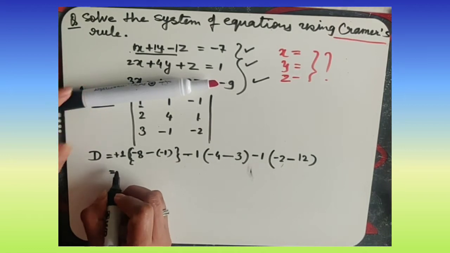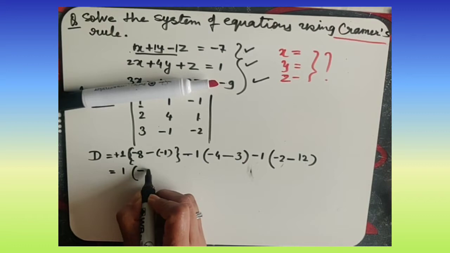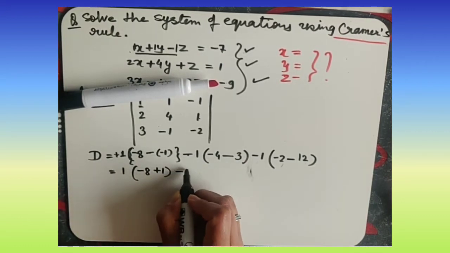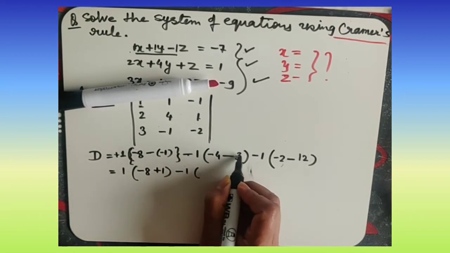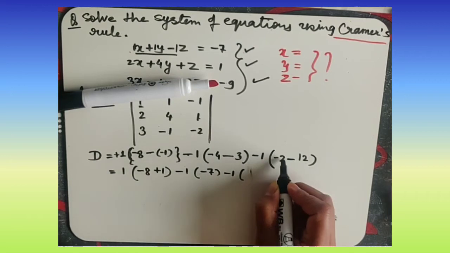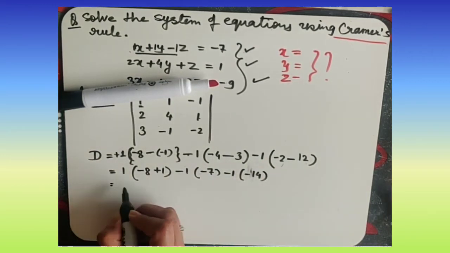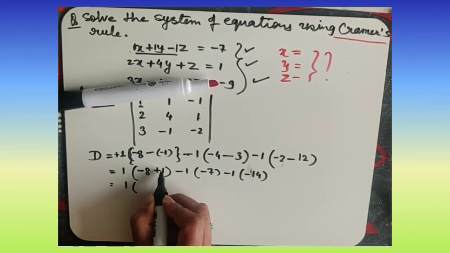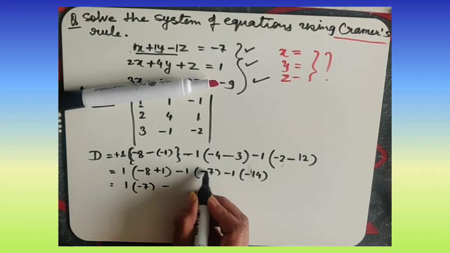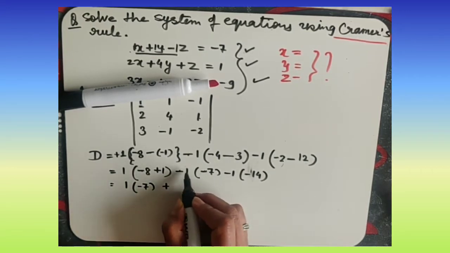Then calculate it. Here it will be 1 times (-8 plus 1), then -1 times (-4 - 3, which is -7), then -1 times (-2 - 12, which is -14). That equals 1 times (-8 + 1 = -7), and then -1 times -7, minus and minus multiplied makes a plus sign, so that is 7.